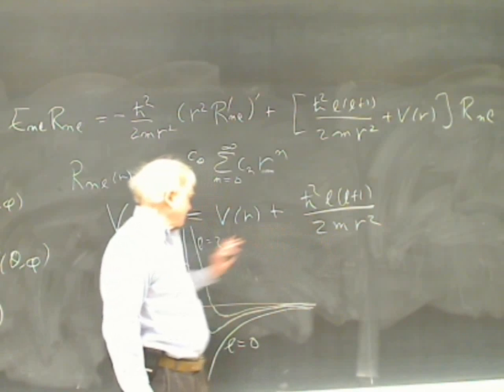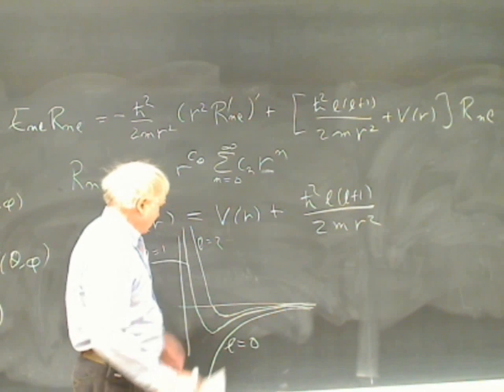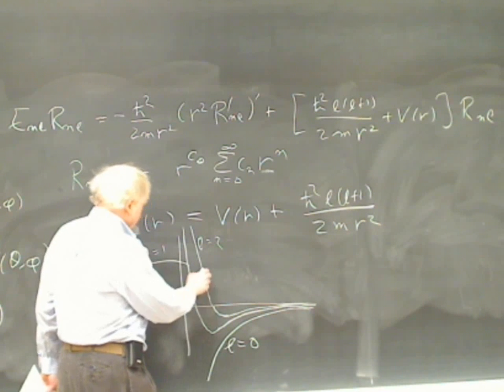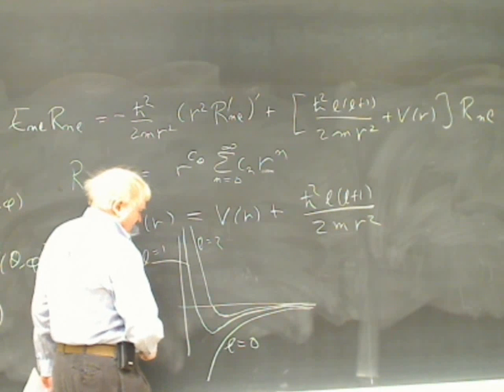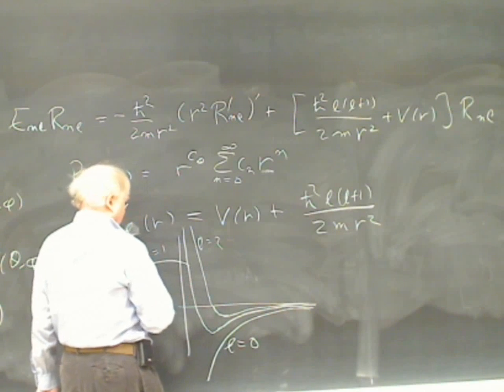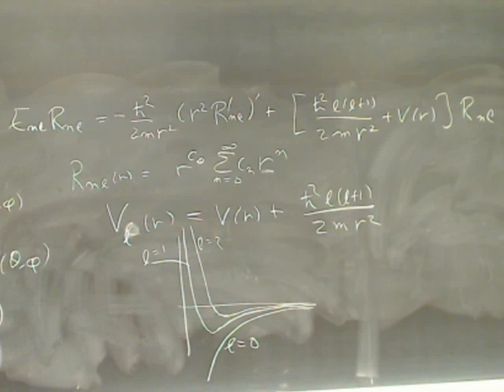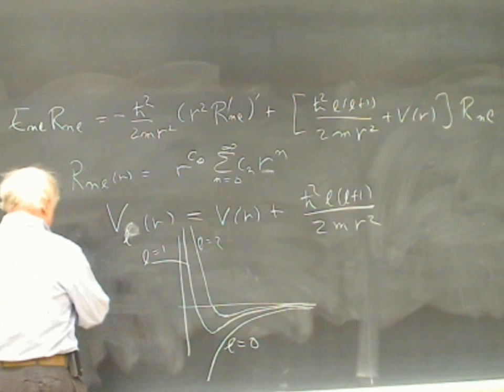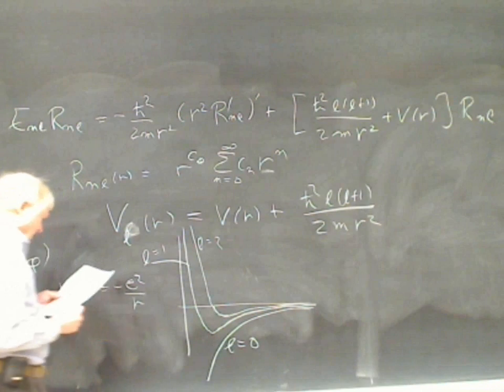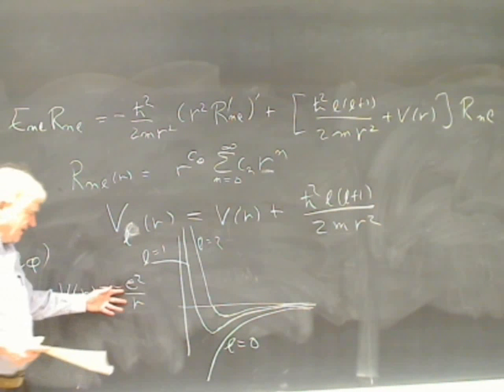So this dominates at small r. What I'm drawing here is V_l of r, and that potential prevents the particle from getting to the origin unless l is equal to 0. So the particle is kept away from the origin, except for l equals 0. What I've drawn here is actually the way it looks for the case V of r equal to minus e squared over r, which of course is the hydrogen atom potential, in suitable electrical units.